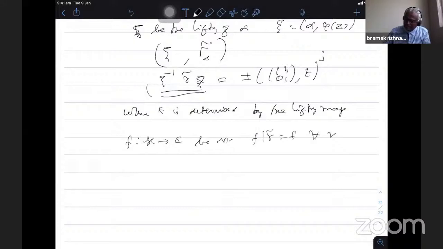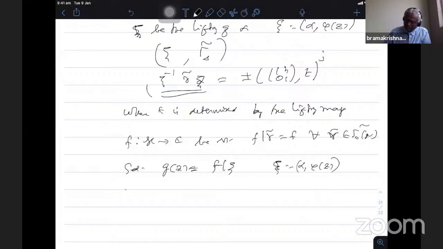For this particular reason I am writing the tilde; otherwise I'll remove it so that it is understood. It is very difficult to keep track of this tilde business. When needed we'll introduce it, otherwise assume we are working in the half-integral weight way. Then set G of z equal to F bar psi, where psi is nothing but alpha p of z.